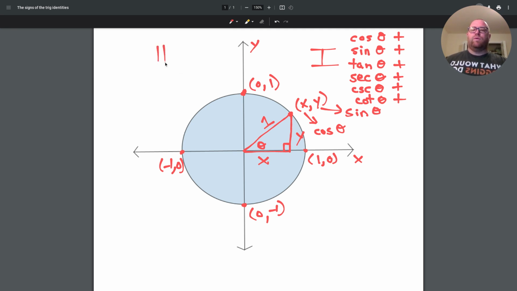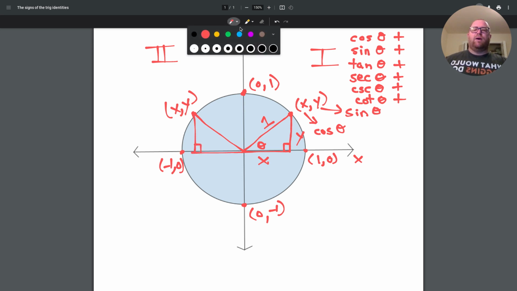So let's go to quadrant 2. All right, so let's think again. We have x and y. Now our x is negative while our y part is still positive.